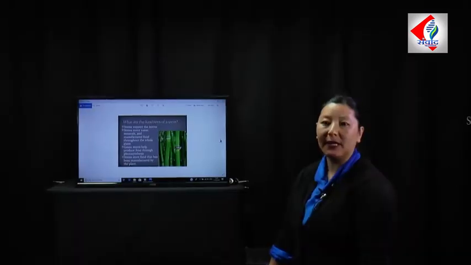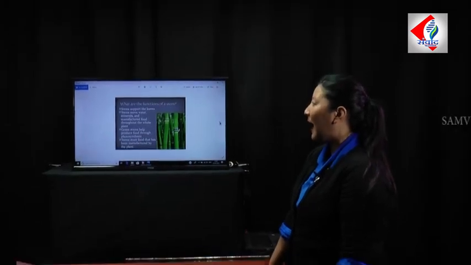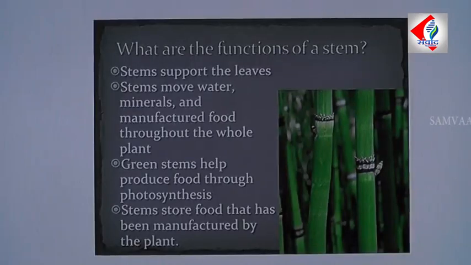Let's have a look at some of the functions of the stem. The stem supports the leaves. Stems move the water, minerals and manufactured food throughout the whole plant. Green stems help produce food through photosynthesis. Stems store food that has been manufactured by the plant. So the stem is the supporting part of the whole plant.